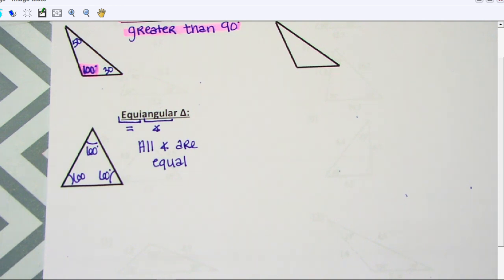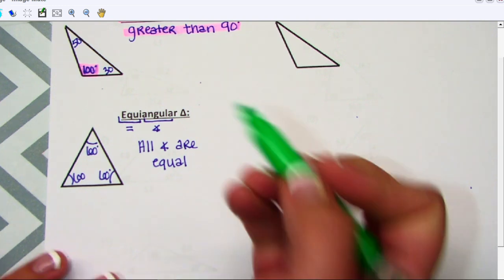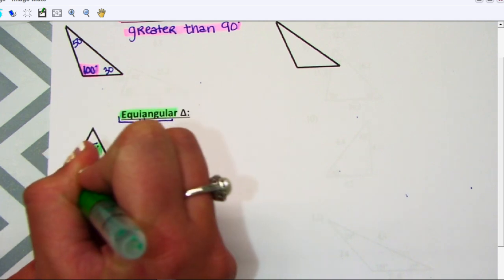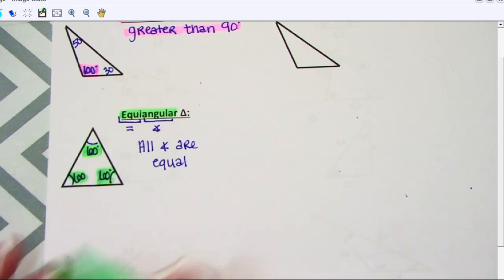That only happens when all of the angles are 60. Technically they're acute, but we want specifics here.